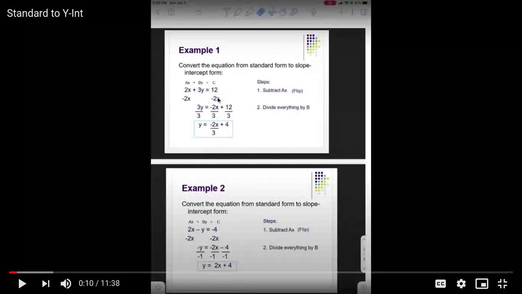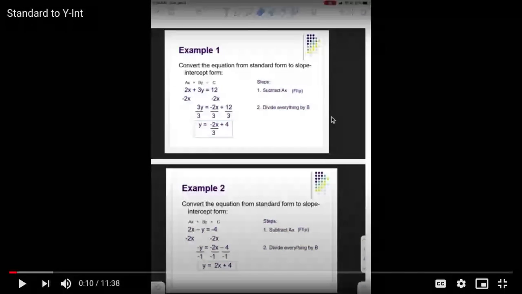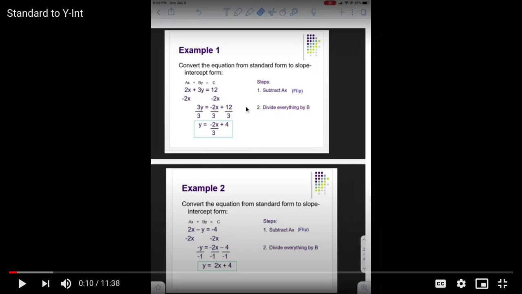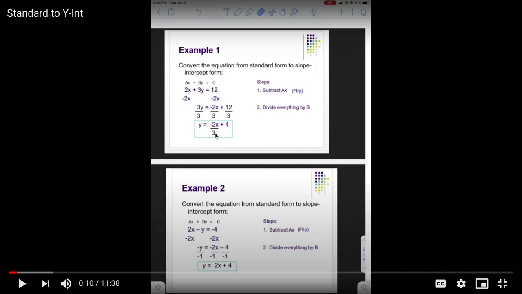Then I take my coefficient right here from y, which is 3, and I'm going to divide everything in that expression by 3. So I do 3y divided by 3, which gives me just y. I take negative 2x divided by 3, and since 3 can't go in evenly to negative 2, I'm just going to leave it as a fraction.